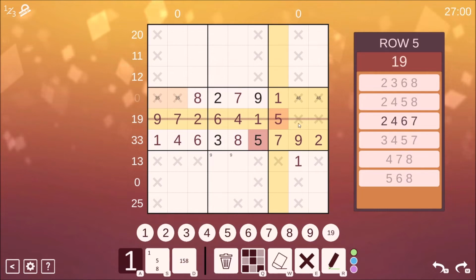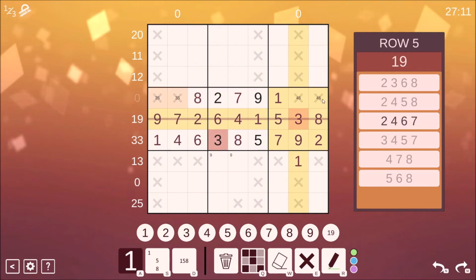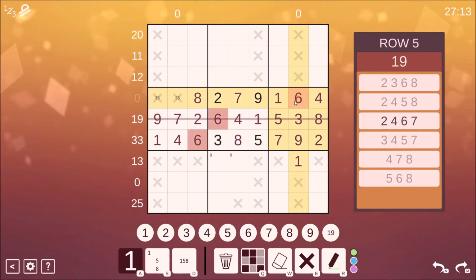Now we have a 3 and an 8 left to place, and we can place our 3 here because of this 2, and our 8 here. That actually lets us place the 4 and the 6 as well.